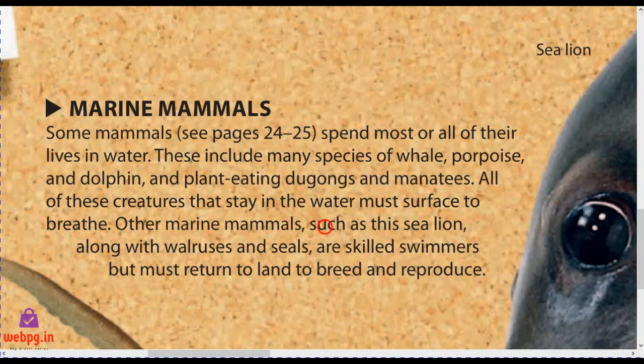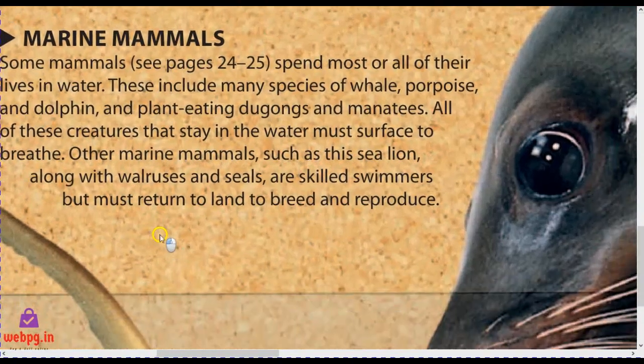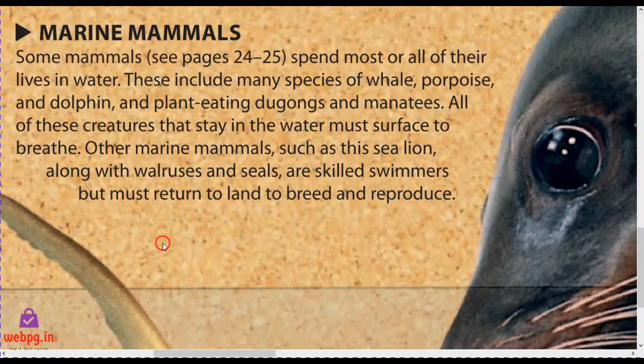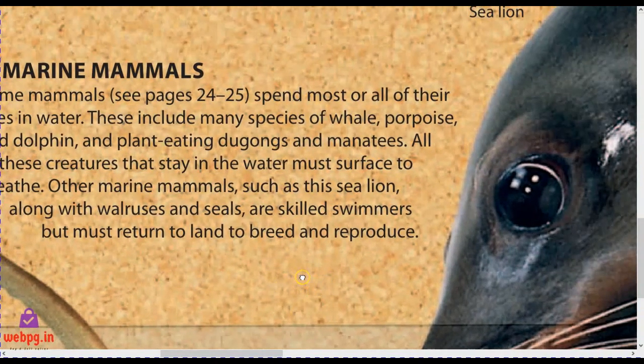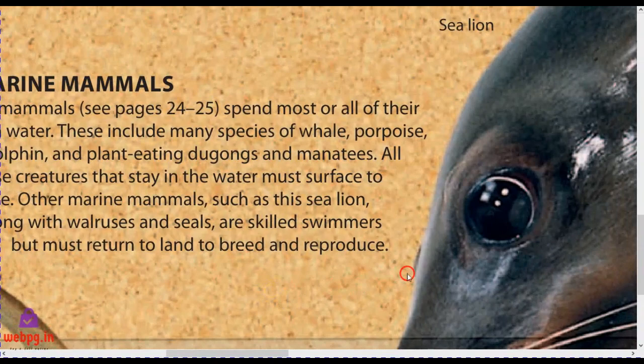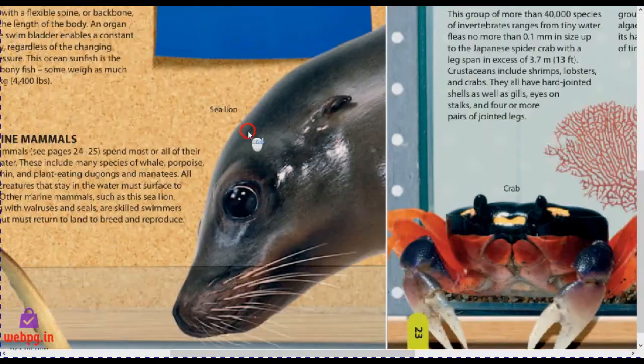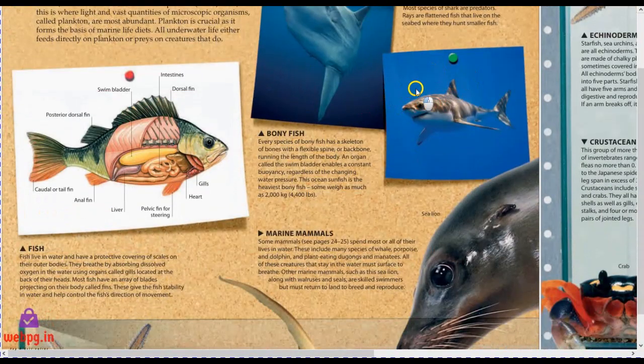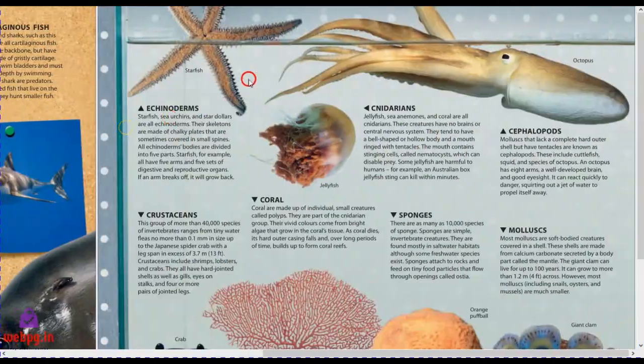Other marine mammals such as sea lions, walruses, and seals are skilled swimmers but must return to land to breed and reproduce. Here is the sea lion. Nice to see all of you, and thanks for the pose.